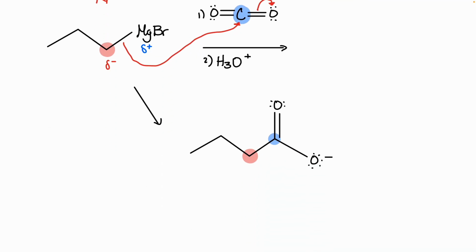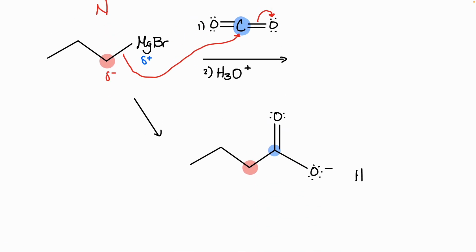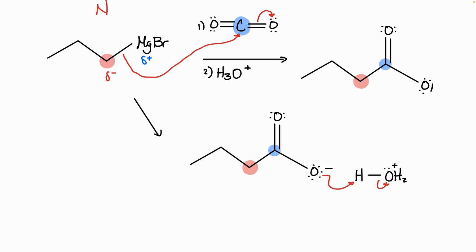And we'll protonate that carboxylate ion to form a carboxylic acid. All right, so this is a method of using a Grignard, getting a new carbon-carbon bond when we treat that Grignard with carbon dioxide, giving us a carboxylic acid.